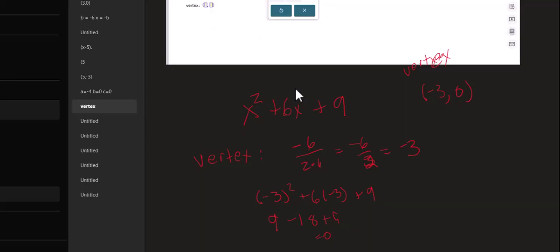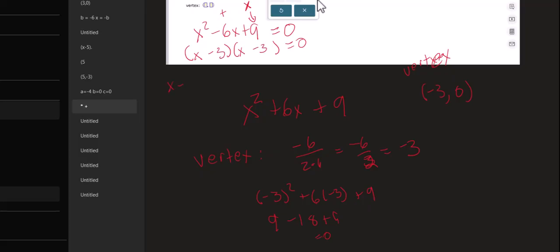X-intercepts. To get the x-intercepts, you take your parabola, x squared plus 6x plus 9, and set it equal to 0. Easiest to factor if you can. This one is not bad to factor. You think of two things that multiply together to give the last number and add together to give that one. So two things that multiply together to give positive 9 and add together to give positive 6, 3 and 3.